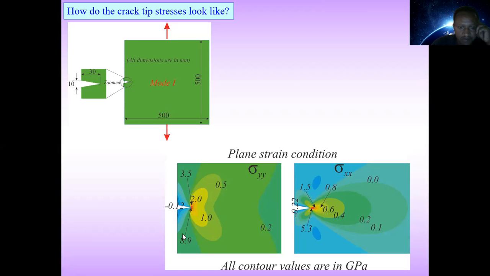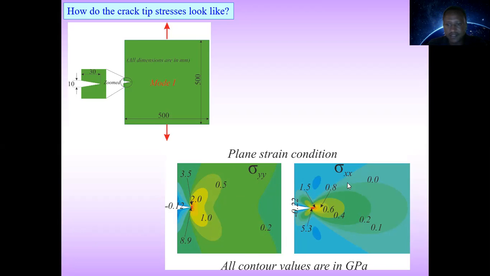At the crack tip there is high stress, 8.9, that is high stress concentration. Going behind, we can see 3.5 gigapascal, then 2 gigapascal and 1 gigapascal. In this region we observe 0.5, around here 0.2, and far away it is 0.